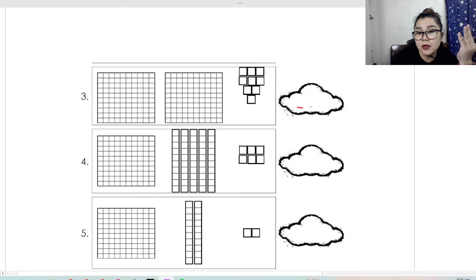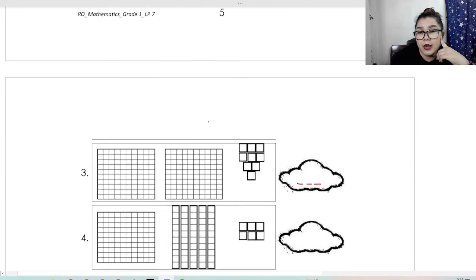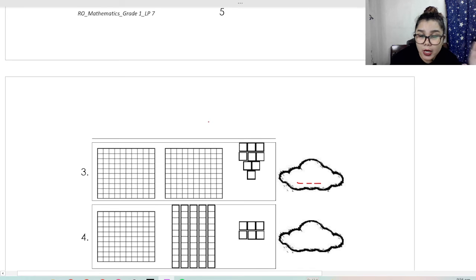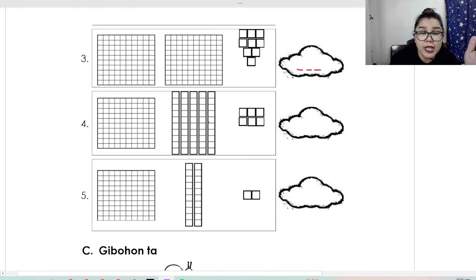So, it's 3-digit number yan. So, count the ones muna para makita mo kung ano ang value. So, start with the smallest value. Ilang ones. And then, next, tens. Do you see any tens? Bilangin mo. And then, do you see any hundreds? Bilangin mo din. So, clue yan.